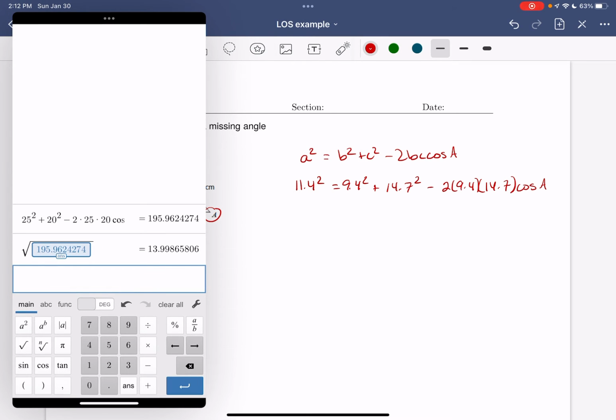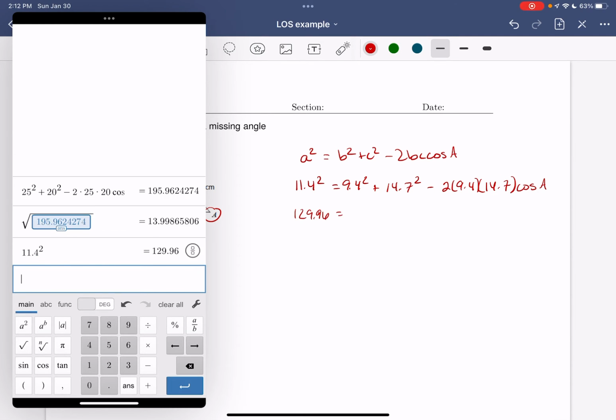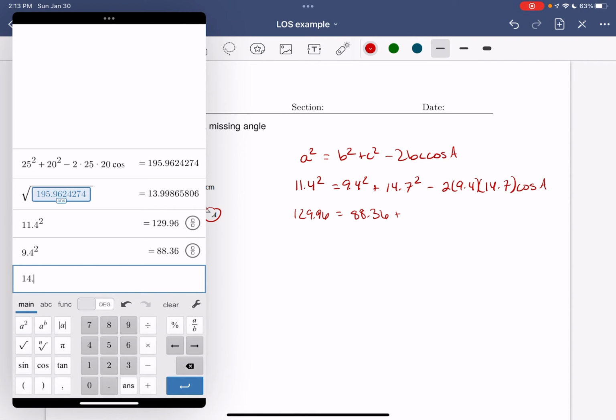So 11.4 squared is going to be 129.96. And then we need 9.4 squared, and that's 88.36 plus 14.7 squared, and that's 216.09.